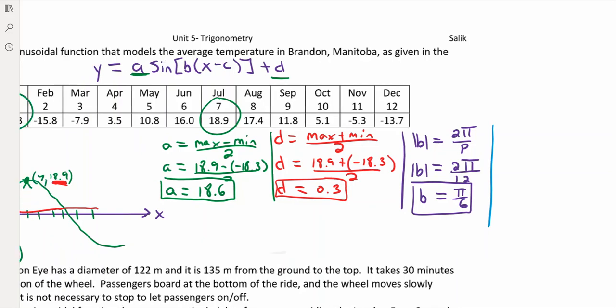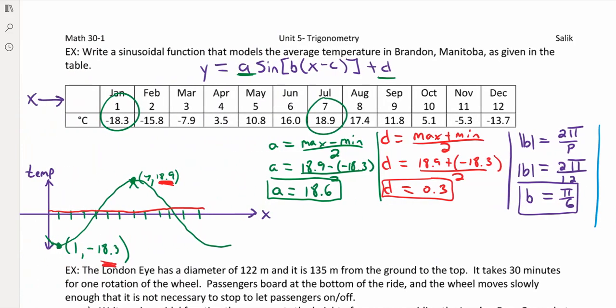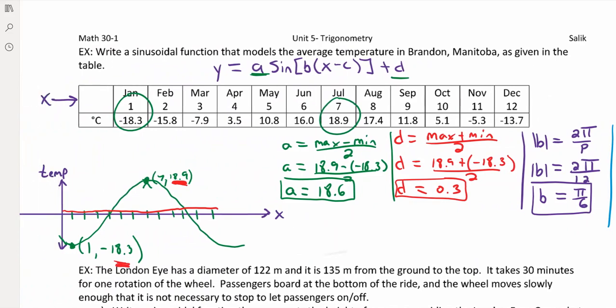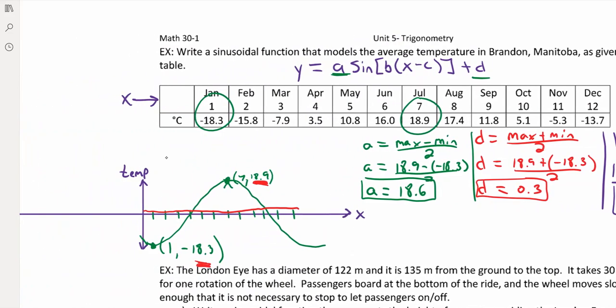Now for the C value, there is no great formula or method for figuring it out exactly. With the C, I have to figure out how much this thing has been shifted this way or this way to give us our equation.